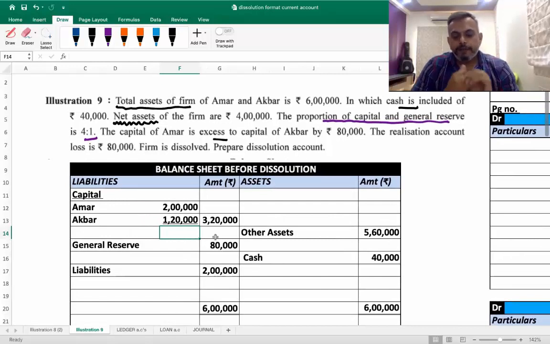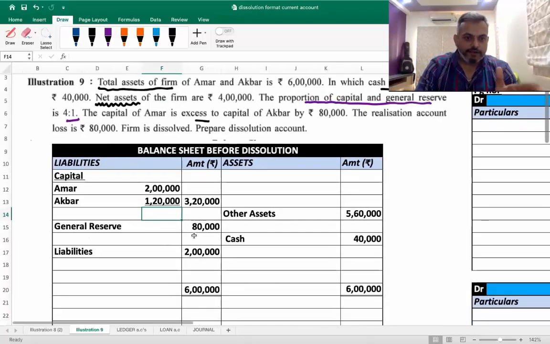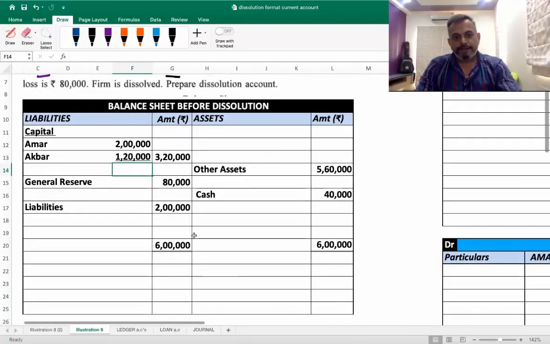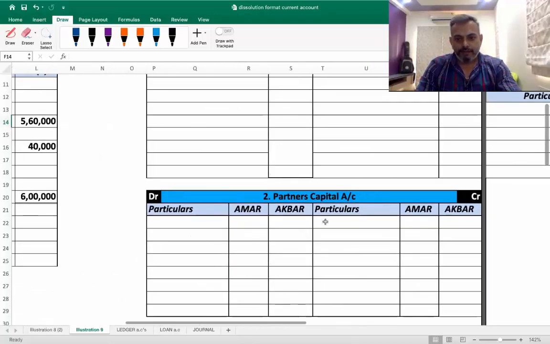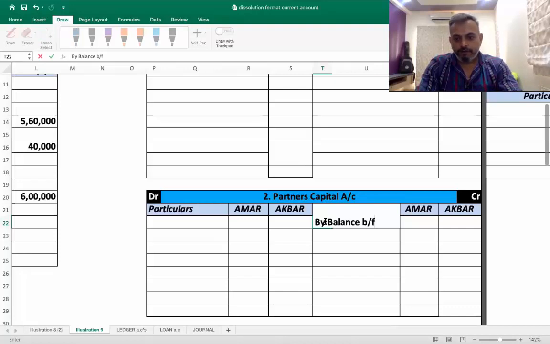Now the first step is let's transfer all of the items of balance sheet. We start with capital. So capital 2 lakh and 1,20,000, capital account by balance brought forward 2 lakh and 1,20,000.